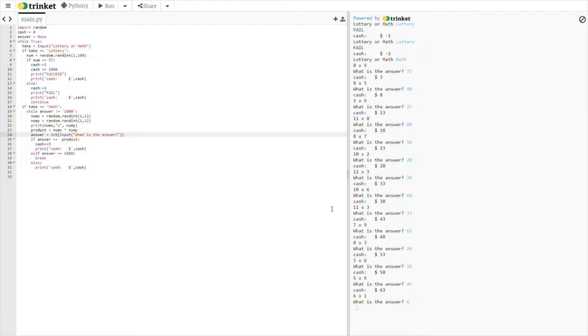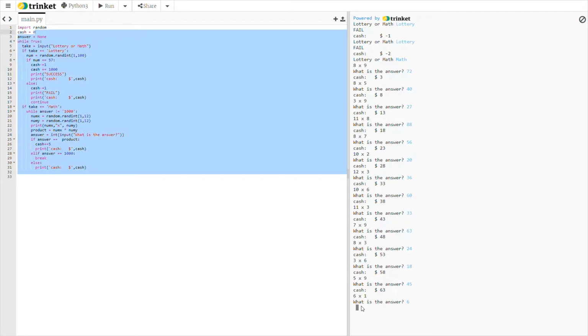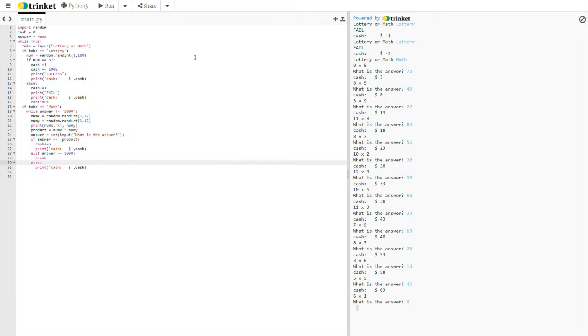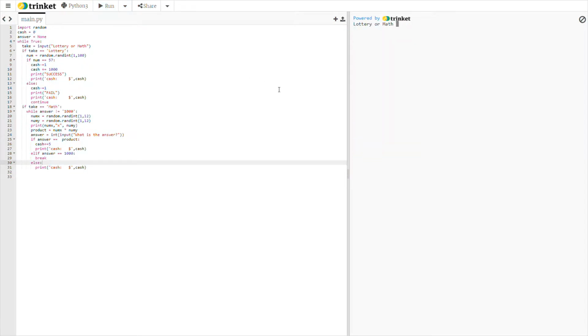But as you can see, there are of course some problems with the code and sometimes it just stops, and you'd have to run it again. Lottery. And then as you can see, you can go into the lottery.